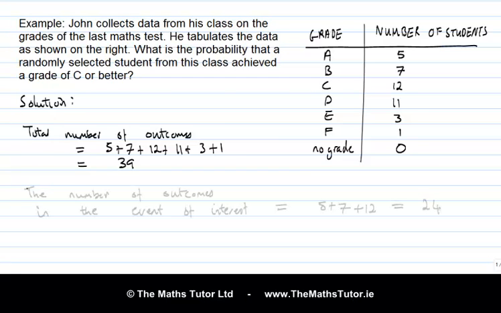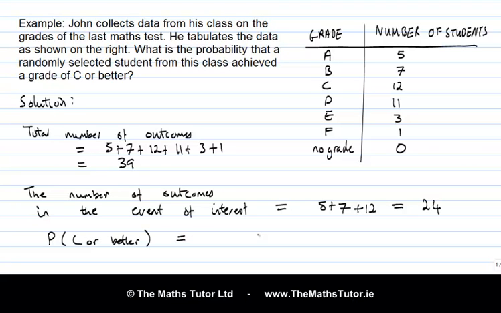So the number of outcomes in the event in which we're interested is 5 plus 7 plus 12, which is 24. So the probability of a randomly selected student achieving C or better, I'll abbreviate that to C or better, is 24 over 39. And we can cancel a 3 there and get 8 over 13.